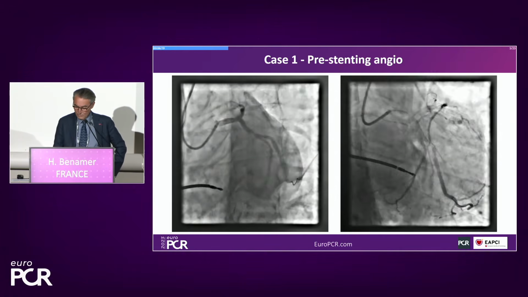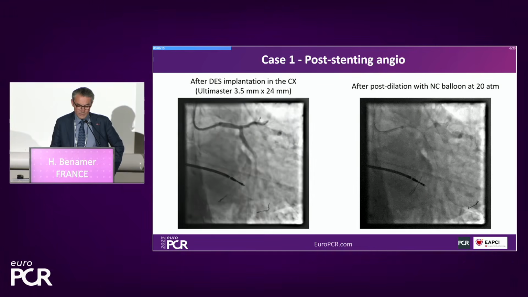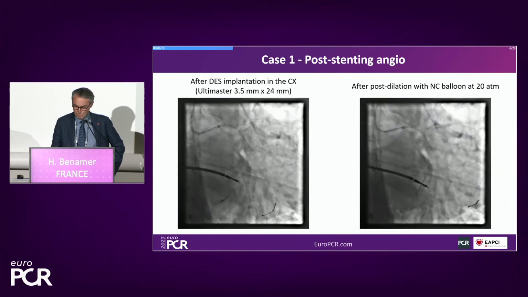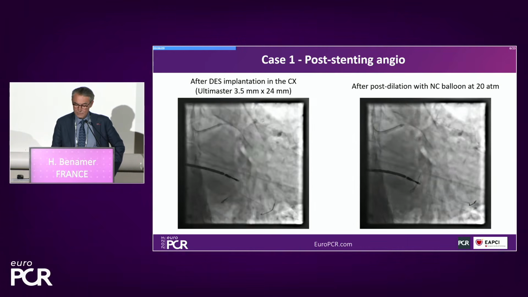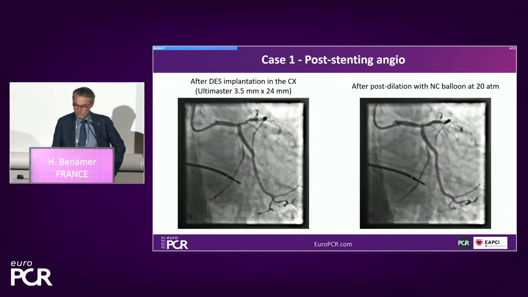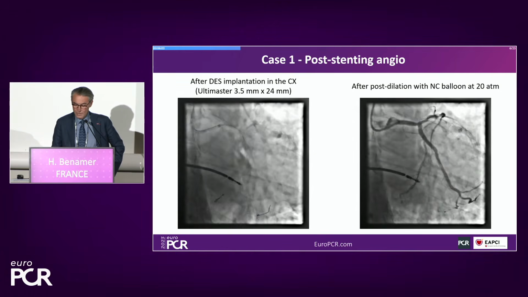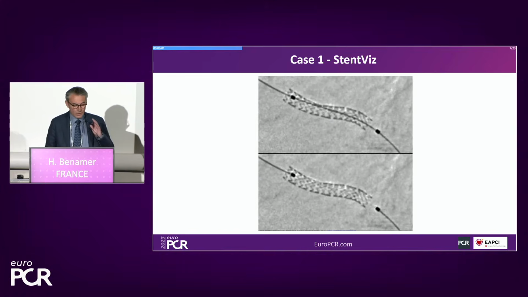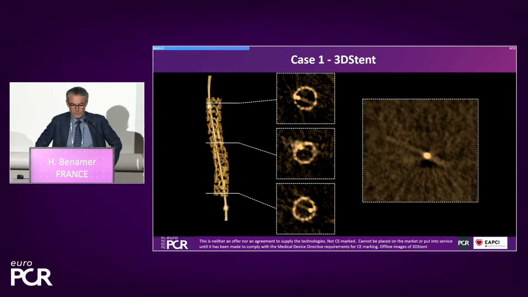Here you can clearly see the tight stenosis with a wire inside. We made a predilatation and put the stent inside this coronary artery, and then used a non-compliant balloon at high atmospheres to improve the opening of the stent. You can see here the StentVis 2D, which was good, and we did a 3D visualization of the stent.